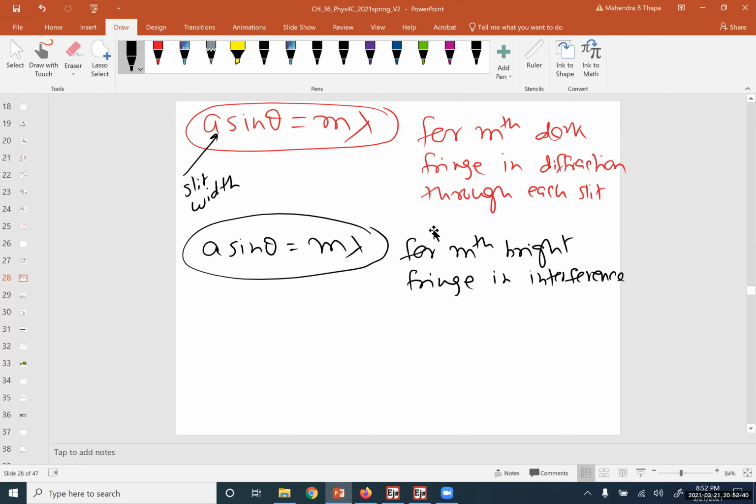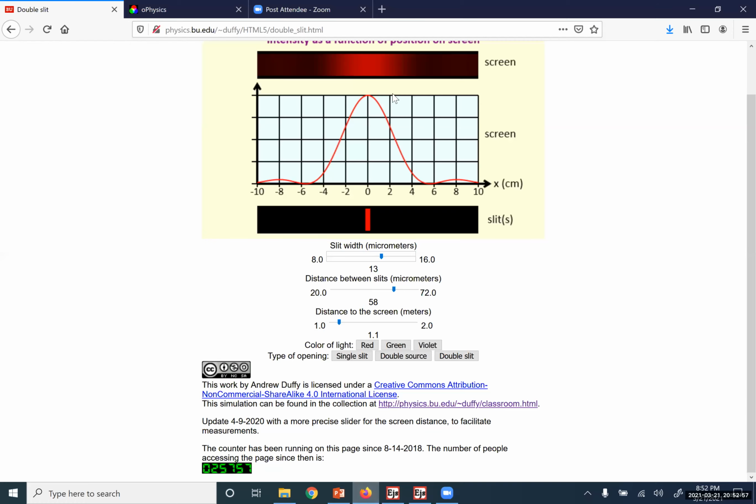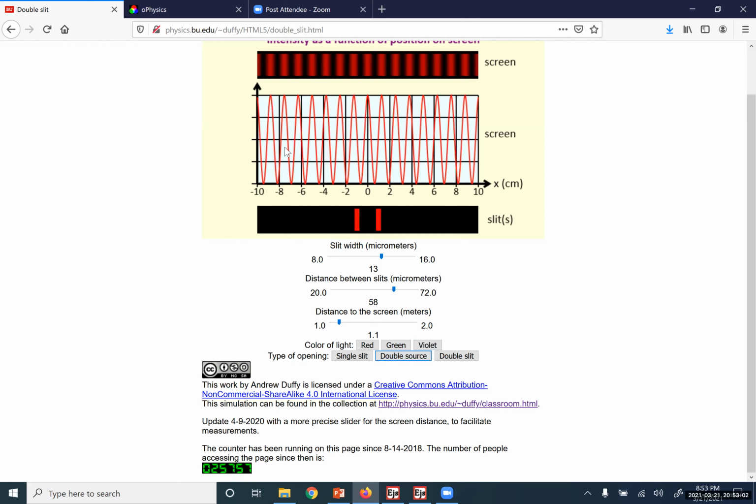Based on that equation we can say that in the case of interference, we have all intensities equally bright. We can see that in the simulation also. Let's see the case of only interference: all brights are equal in intensity.